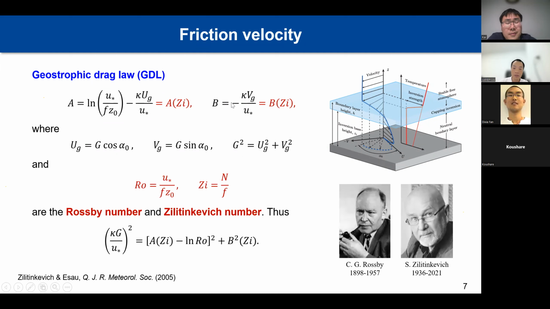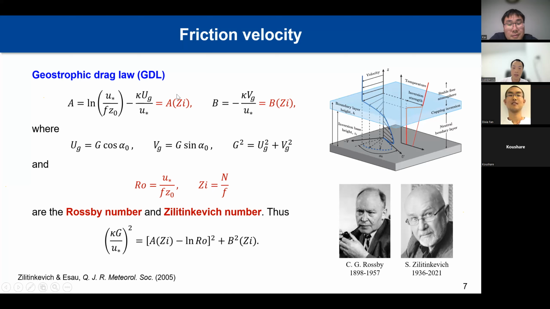However, in the CNBL case, the system is governed by two dimensionless parameters, not only one. One is the Rossby number, and this number also exists for the truly neutral case. Another one is the stability number, and this one is a new parameter that appears in the CNBL case.